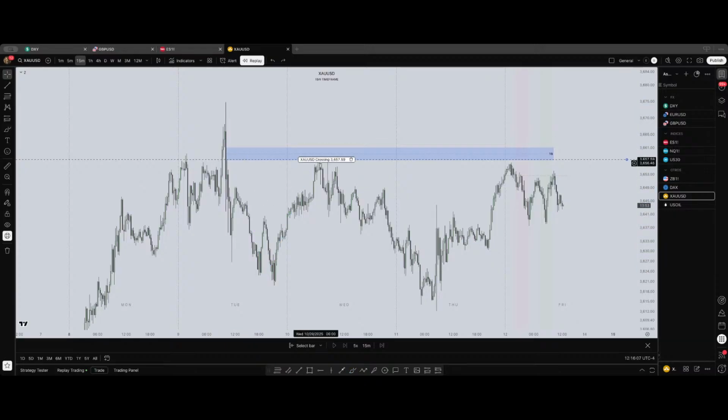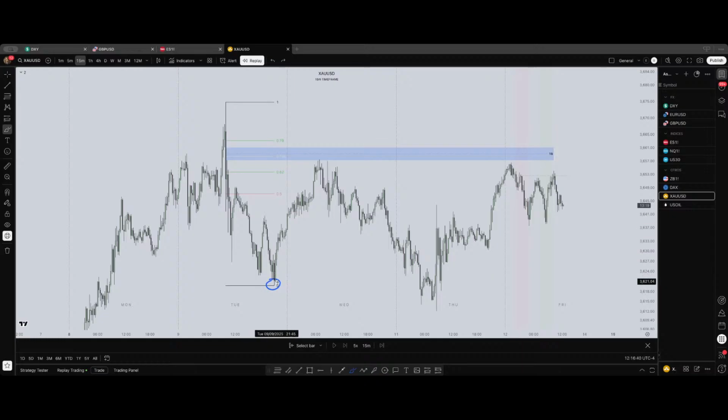So let me talk about this. From this point, from this high, which was from where price dropped, to this low, this low was the point where price started going up, and it made another market structure shift.